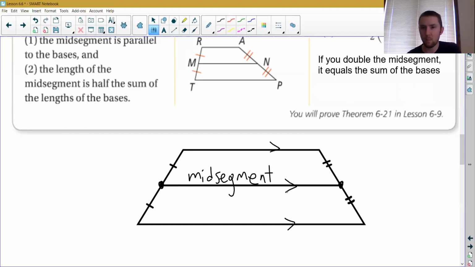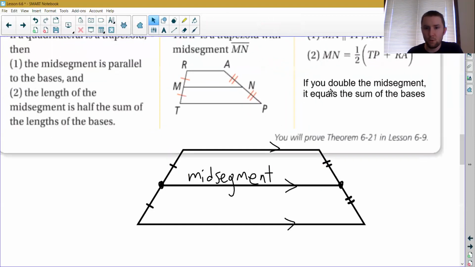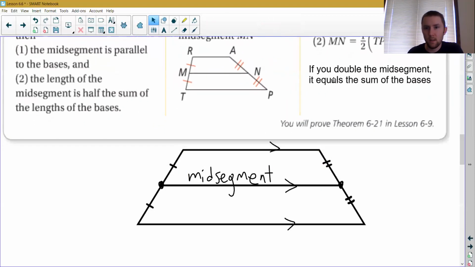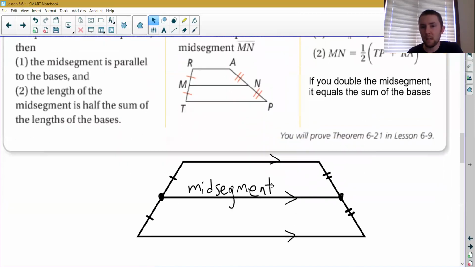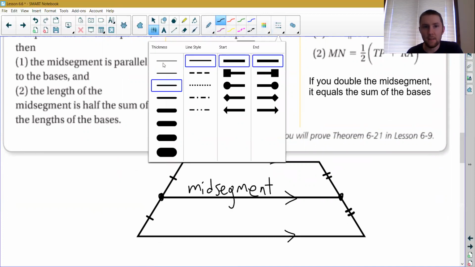And it is also true that if you double the midsegment, it equals the sum of the two bases. Another way to think about that is the midsegment length is half of the two bases added together.